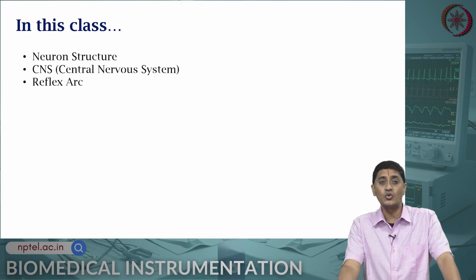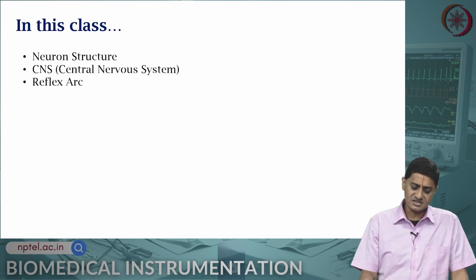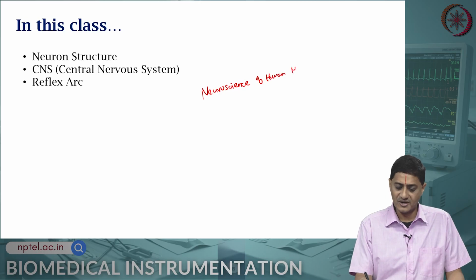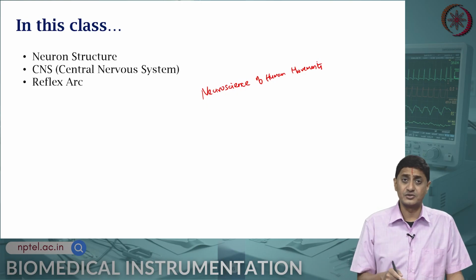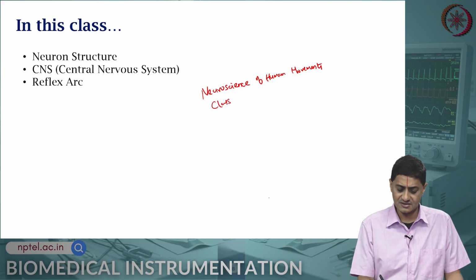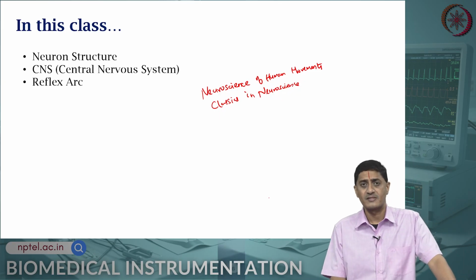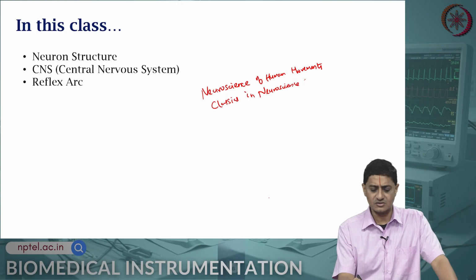I have 2 courses on neuroscience of human movements. One is a 30-hour course called Neuroscience of Human Movements, in which I discuss the movement related circuitry of the brain, and the other is Classics in Neuroscience, which discusses the classic studies that led to the development of neuroscience as a field. Both are 30 hours or 12-week courses.